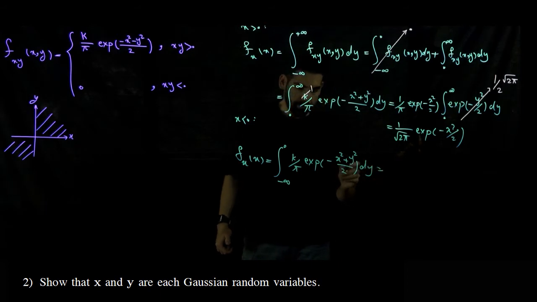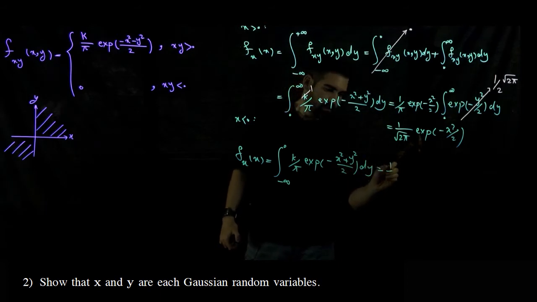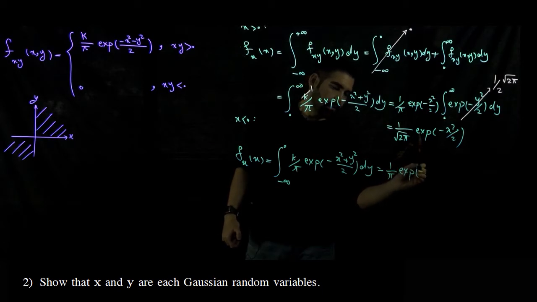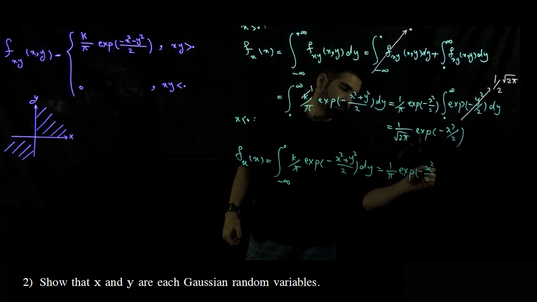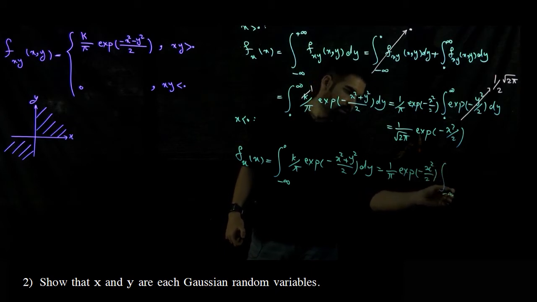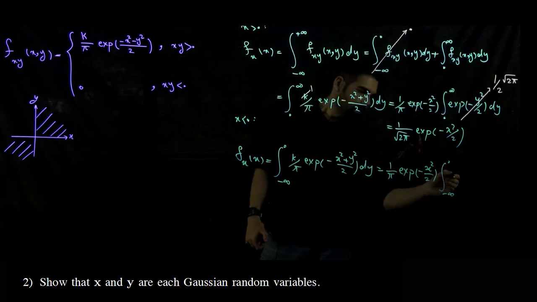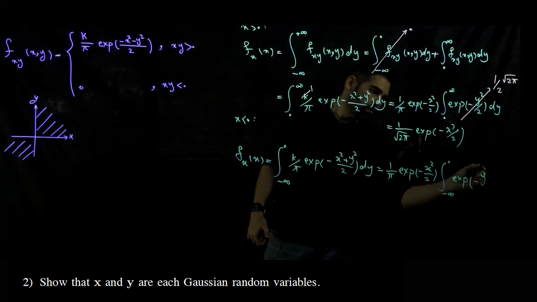And again, this is 1 over pi exp minus x2 over 2, the integral from minus infinity to 0 of exp minus y2 over 2 dy.